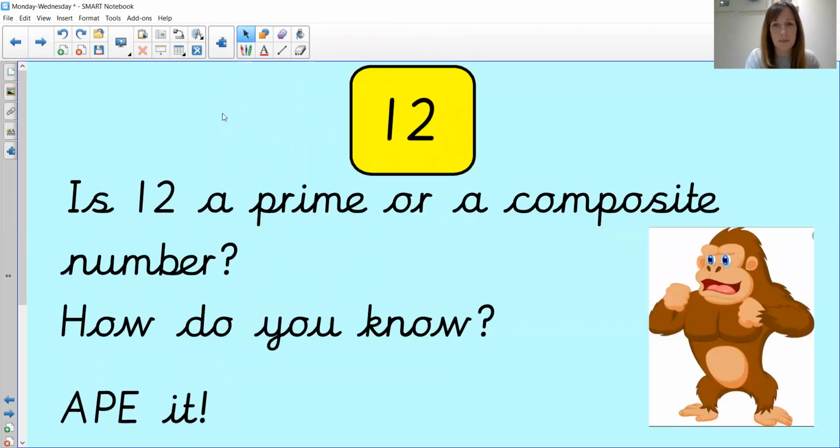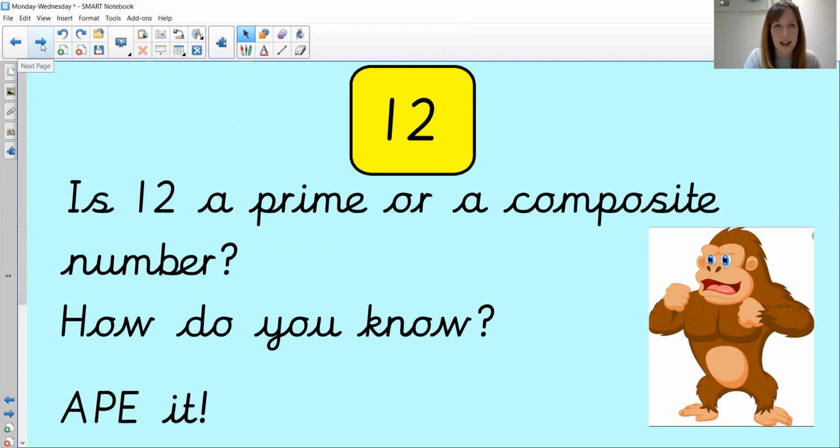So let's have a look at number 12. Let's work through an example together. Is 12 a prime or a composite number? How do you know? I want you to ape it. All right, so let's go through that. Now, my class should know what ape it stands for. And Mr. Biddle and Miss Harry's class, you might have heard us talk about it.